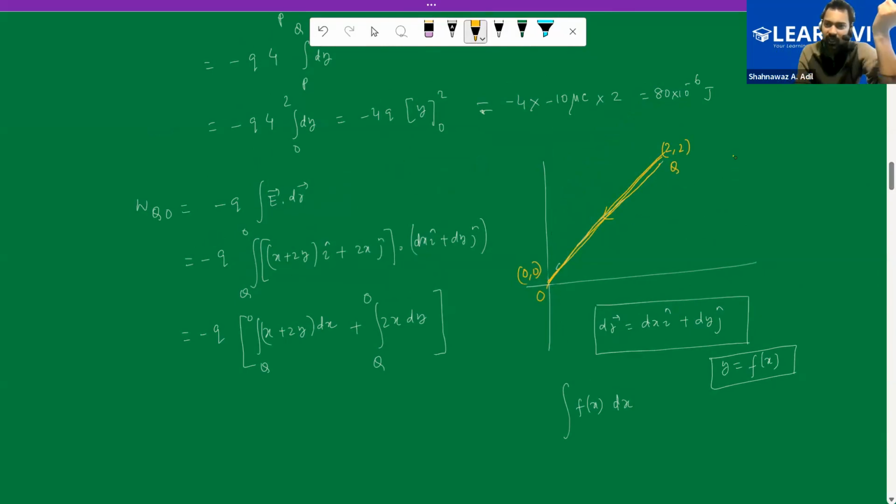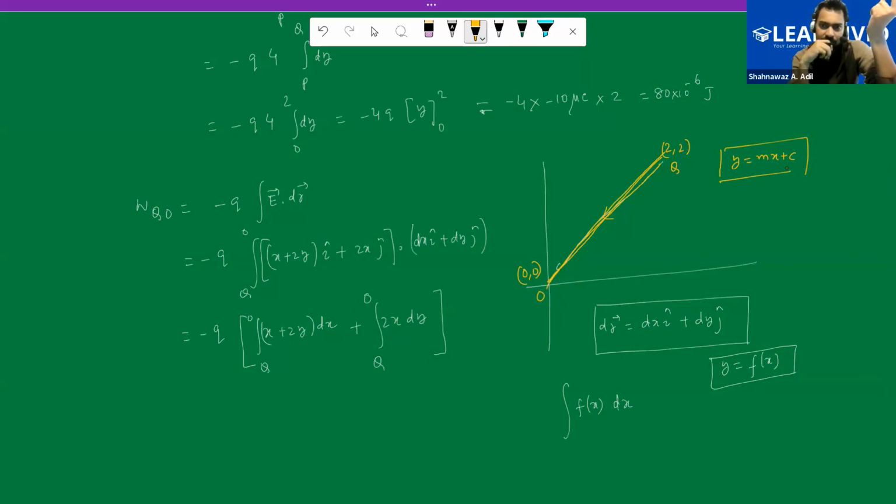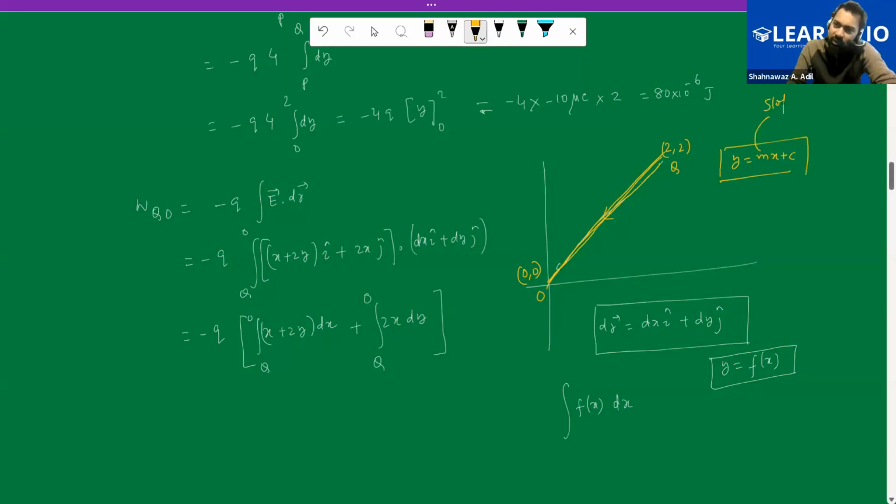This is a straight line, y equals mx plus c, right? Where m is the slope and c is the intercept.